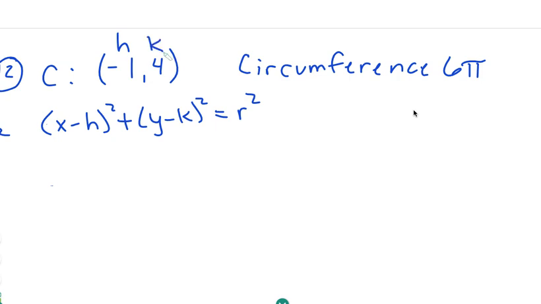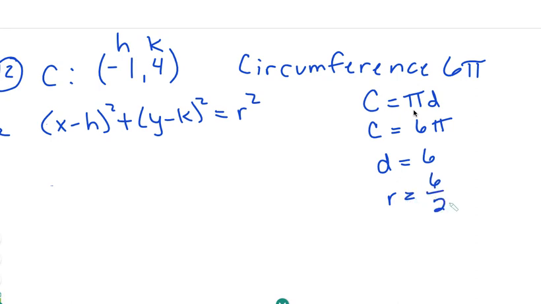What I don't have is my radius. So what I'm going to do is come over here and put my formula for circumference. Circumference is equal to pi d, which is 6 pi. So if my diameter is 6, then my radius is going to be half of my diameter, which is going to be 3.